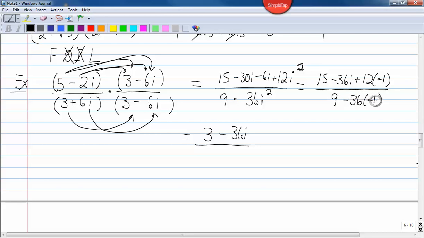Negative 36 times negative 1 is a positive 36, and 9 plus 36 is 45.